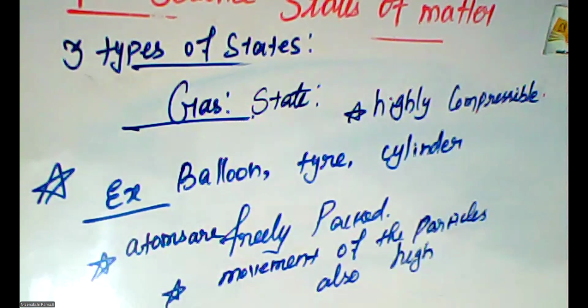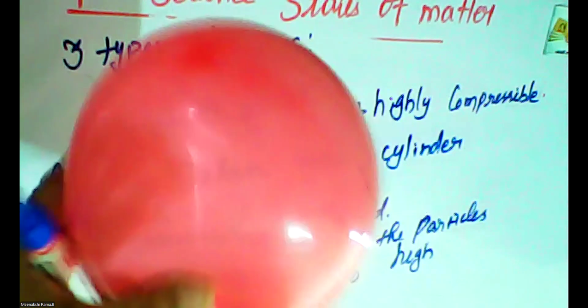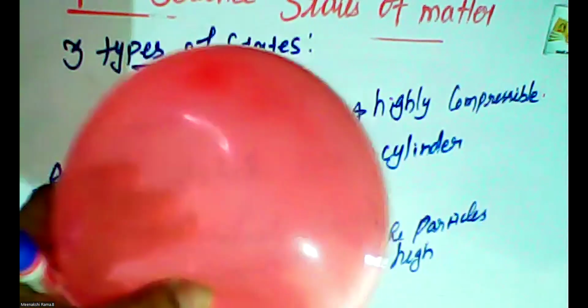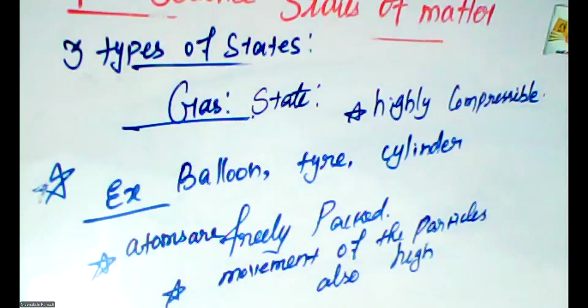Yes, this is the balloon. I can compress the balloon easily. I can't compress a book, pen, or pencil like that. When I compress the balloon, it easily bursts and the gases come out. So the highly compressible state is the gaseous state.